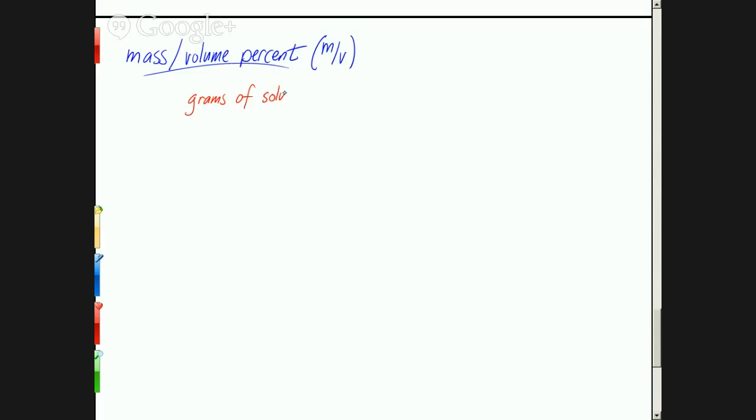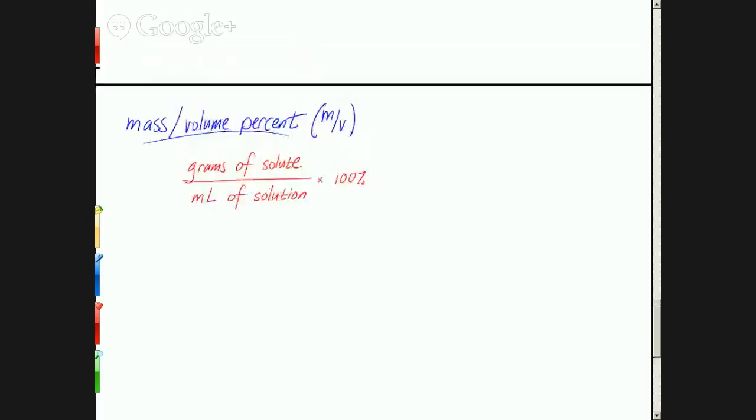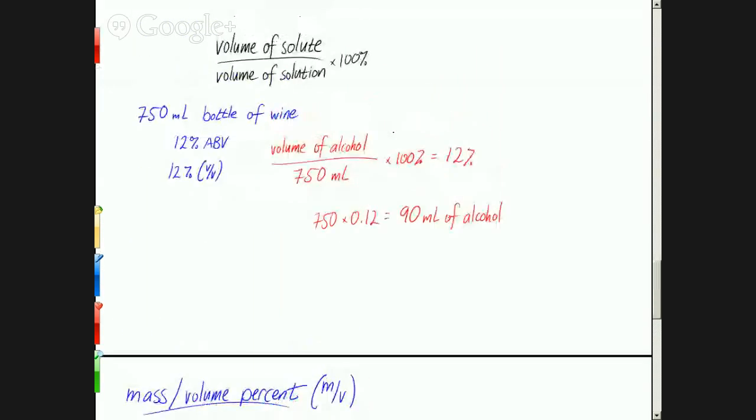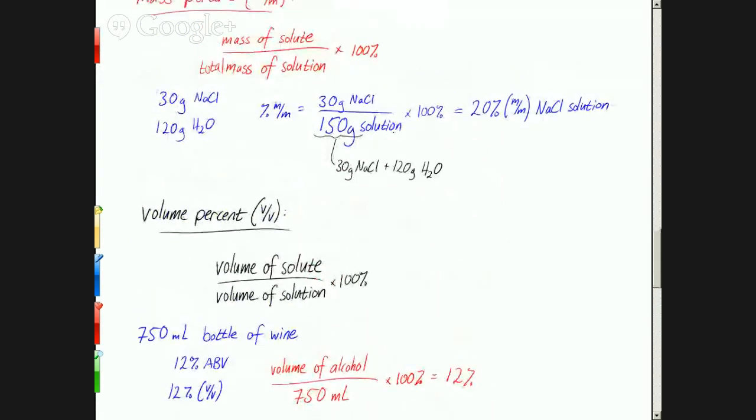grams of solute divided by mils of solution times 100%. Now notice I specified the units here. In the other percents, the units need to be the same on the top and the bottom, but it doesn't matter what units you use.